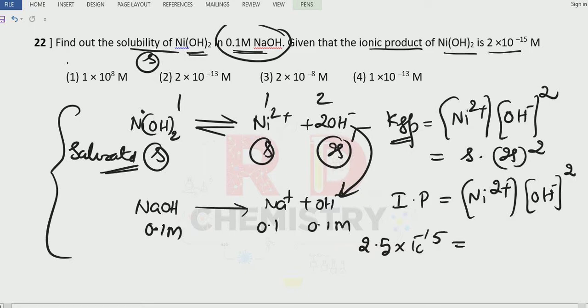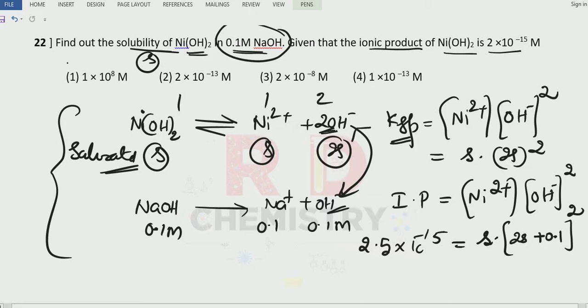Is equal to nickel, only once appearing in the equation, S, solubility is S, into hydroxide concentration square. Hydroxide is there in the nickel hydroxide, so that hydroxide in terms of 2S, correct? Plus, now hydroxide is also available from the sodium hydroxide. How much is there? 0.1 molarity. Correct?